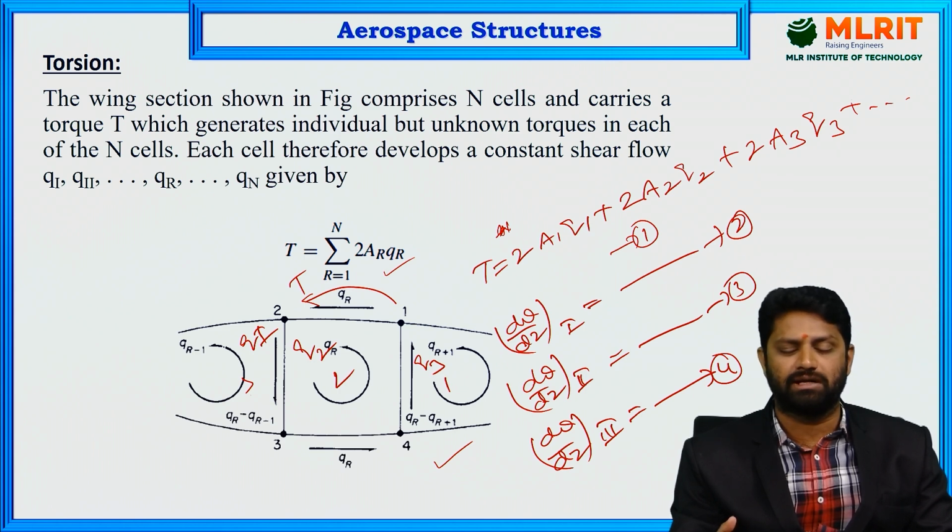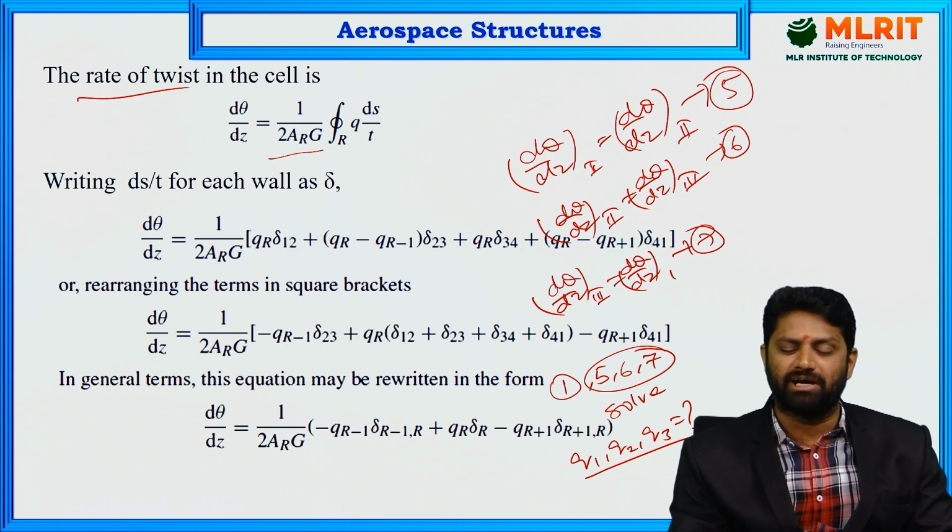First we write the torque equation, then the rate of twist in each cell, then the compatibility conditions, and then we use equations 1, 5, 6 and 7 to solve simultaneously and predict the shear flows Q1, Q2, Q3.